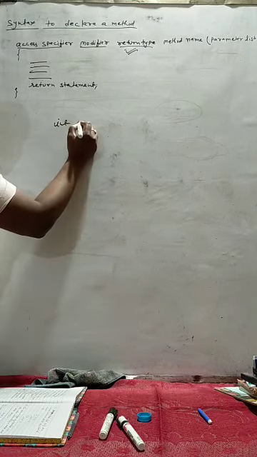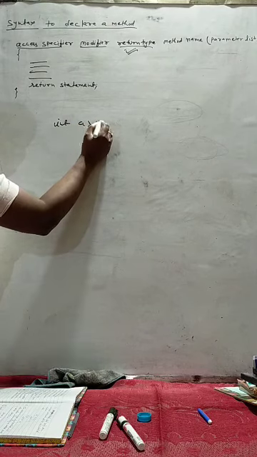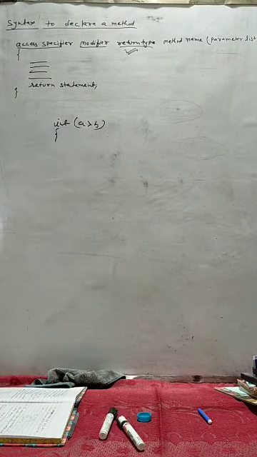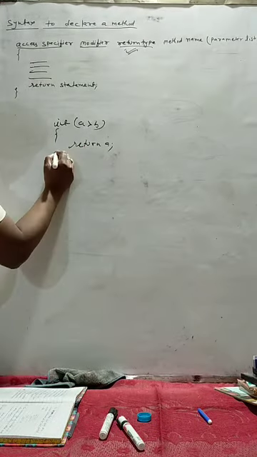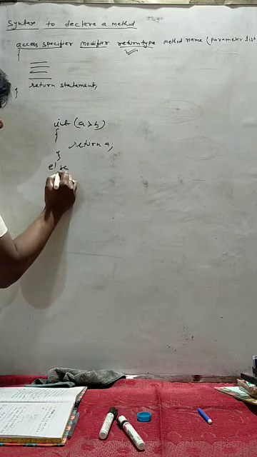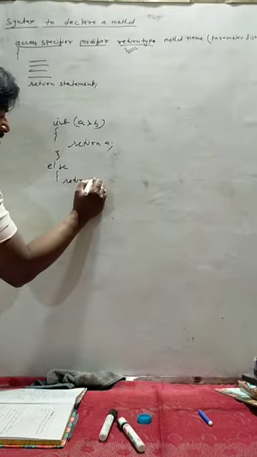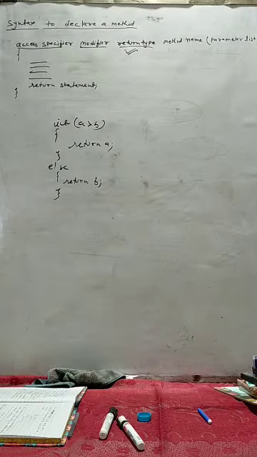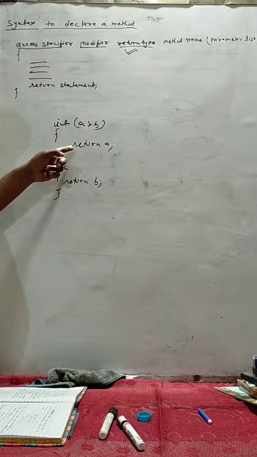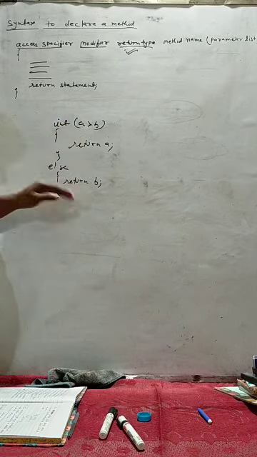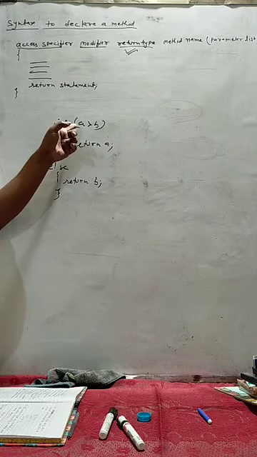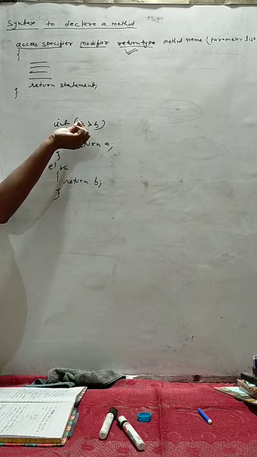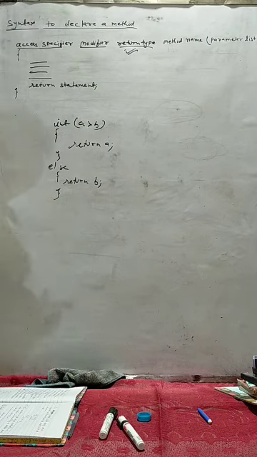Suppose if a greater than b, return a, else return b. There is a condition. There are two return statements, but only one will be executed at a time, because the return statement depends upon the condition, upon the values of a and b.